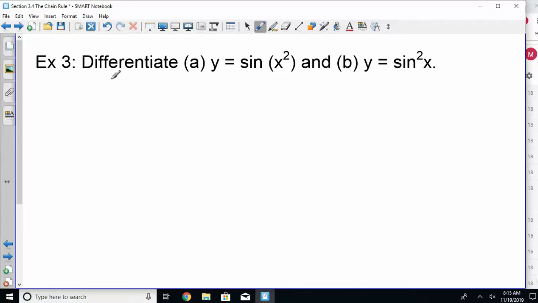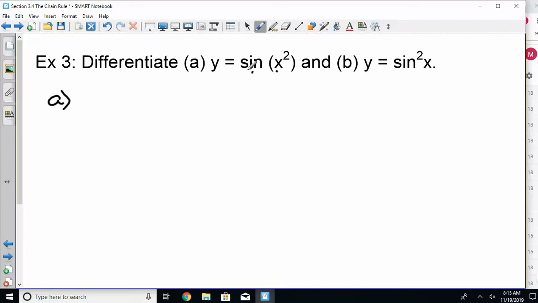Okay. So on A, what's the outside function? Think about it, if you were going to plug something in, whatever you would do first is your inside function. If I plugged in a pi, what would I be evaluating first? The x squared. So the x squared is my inside, which means the sine is the outside.